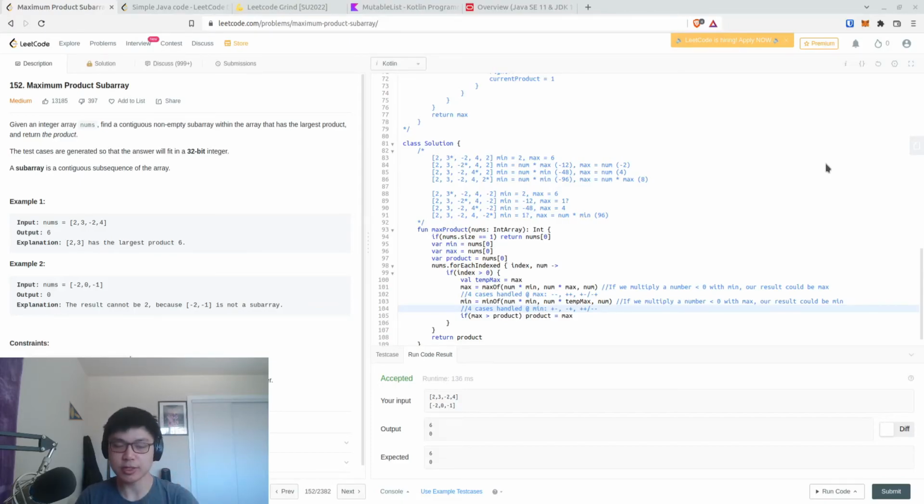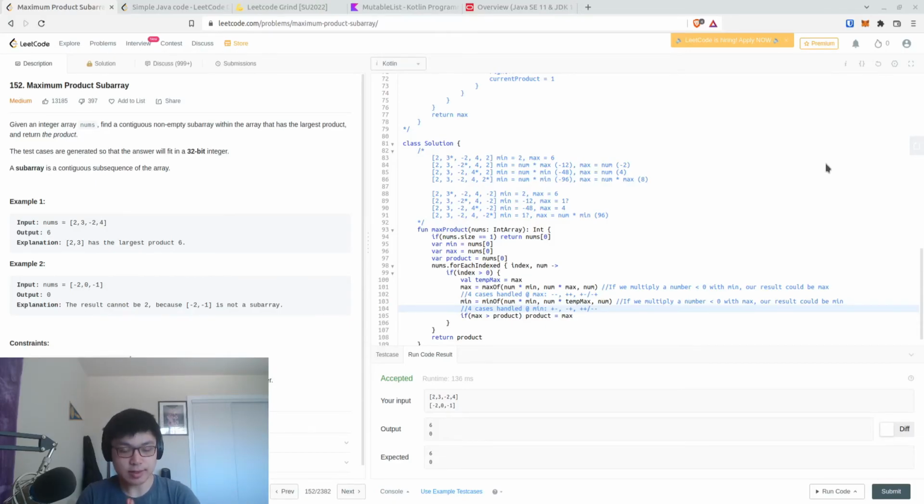We really have 4 scenarios that we need to take care of. We either have a subarray that is positive and a new number that is positive, a subarray that is positive with a number that is negative, a subarray which is negative and a number which is positive, and a subarray which is negative and a number which is negative as well.